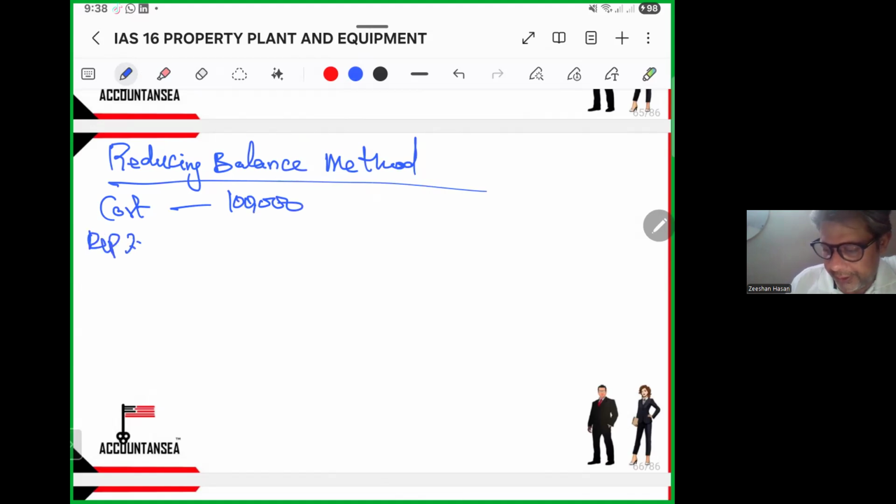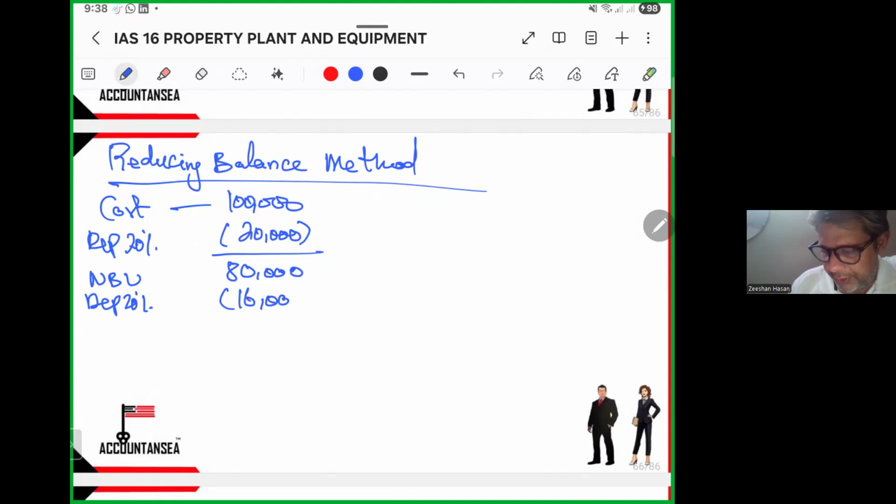Depreciation percentage is 20%. So that means 20,000. Next year, its net book value is 80,000. Again, the depreciation is 20%, so it's 16,000.